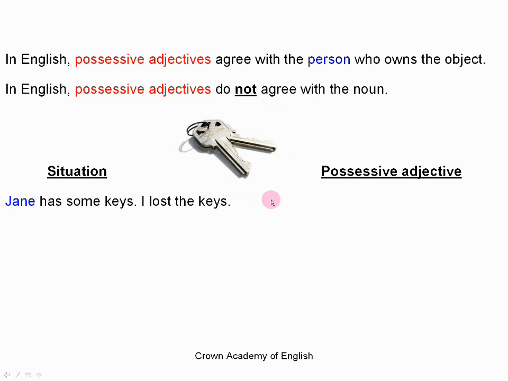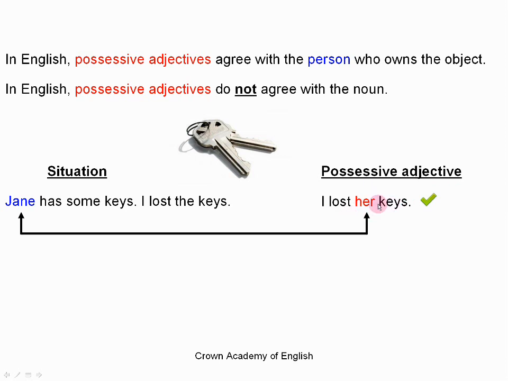So if we want to describe this situation using a possessive adjective, then we say, I lost her keys. I lost the keys of Jane. I lost her keys. This is correct.